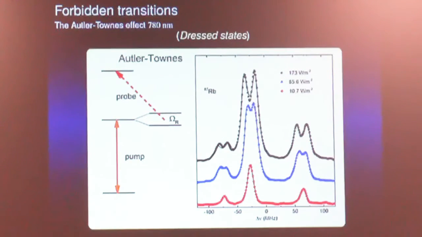So here I show you a little picture of how this develops. Each one of these lines is one particular hyperfine transition, and what we see is that as we increase the intensity of the pump power, this transition is split in 2 components.